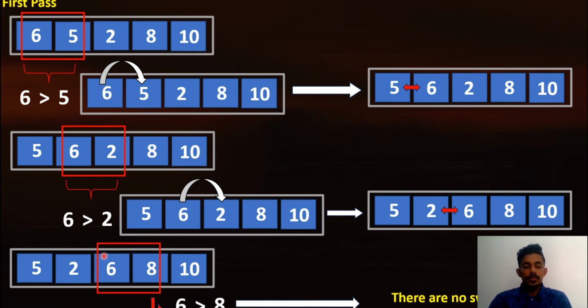After that we take the third and fourth elements of this array, 6 and 8. 6 is not greater than 8, that means 8 is greater than 6. So there is no swap because 6 is lower than 8. In the code, this condition is shown as false, so there is no swap.